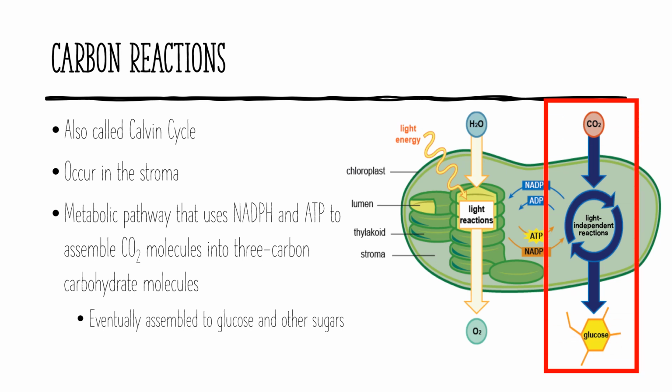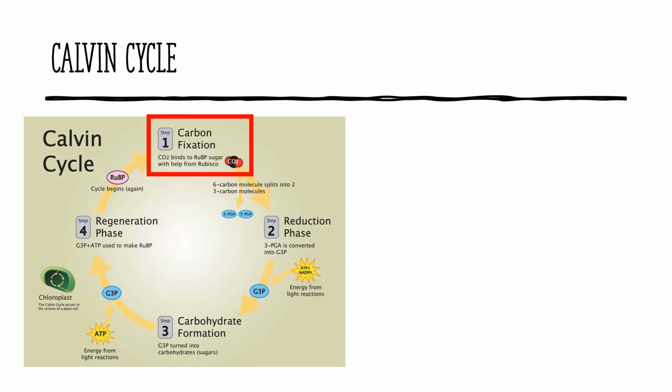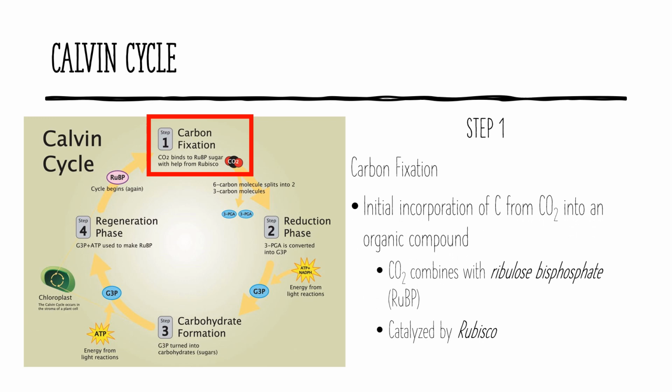So the first step of the Calvin cycle is known as carbon fixation. The initial incorporation of carbon from carbon dioxide into an organic compound is what we call the carbon fixation stage.